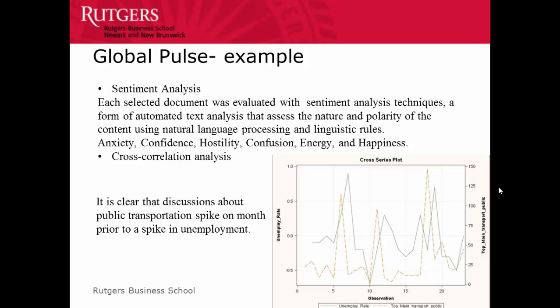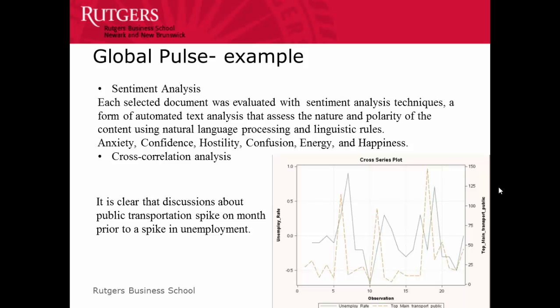Now, after all the preprocessing, we come to the important part called sentiment analysis. Each selected document was evaluated with sentiment analysis techniques, a form of automated text analysis that assesses the nature of the content through natural language processing and linguistic rules.